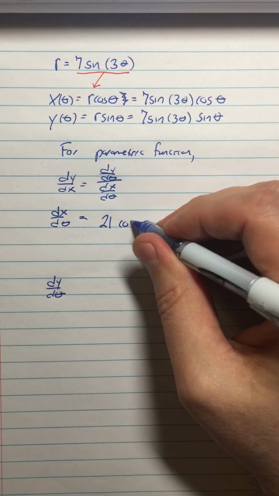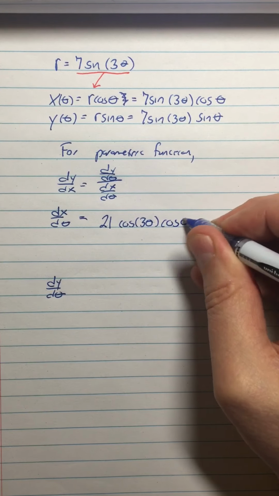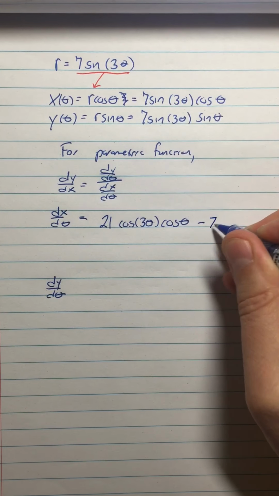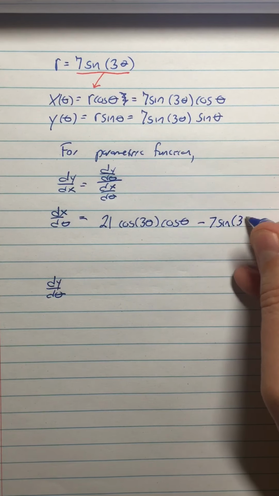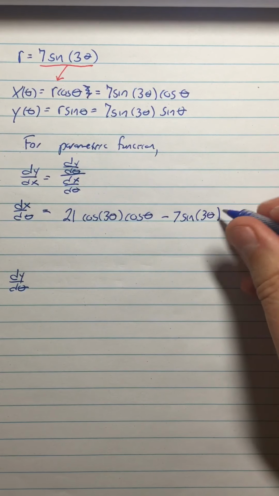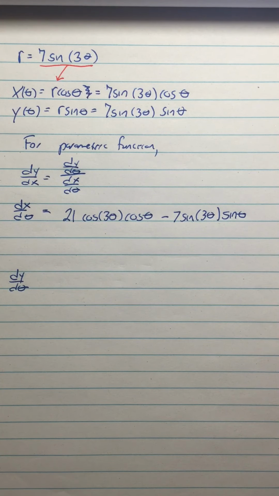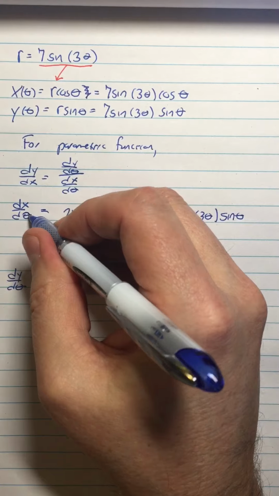So I got 21 cosine of 3 theta cosine theta minus 7 sine of 3 theta sine theta. That's my dx d theta. We don't have a t here.